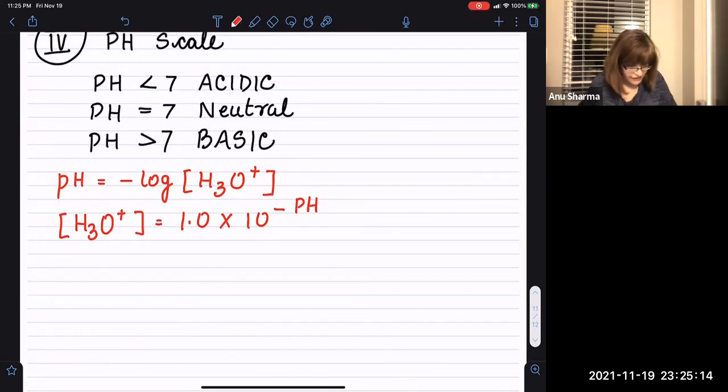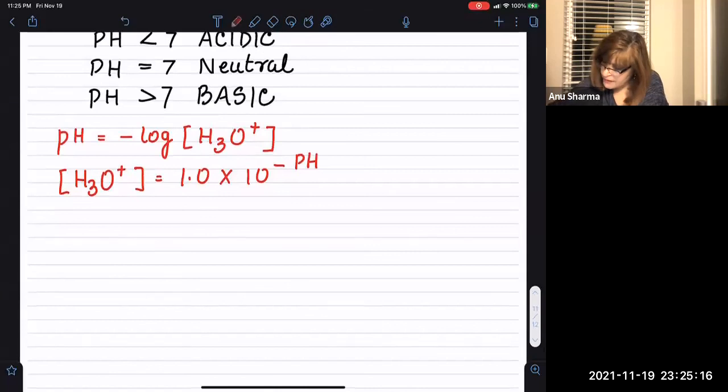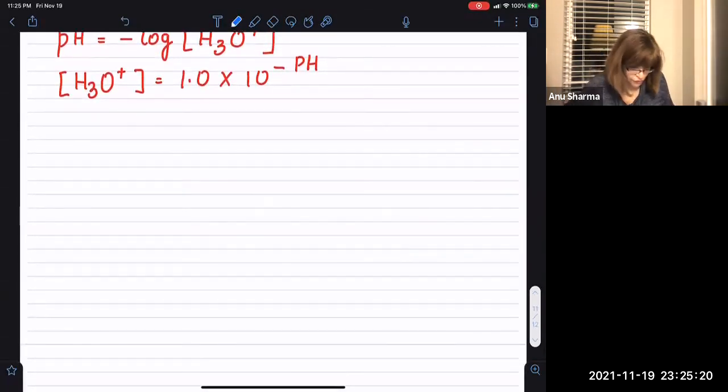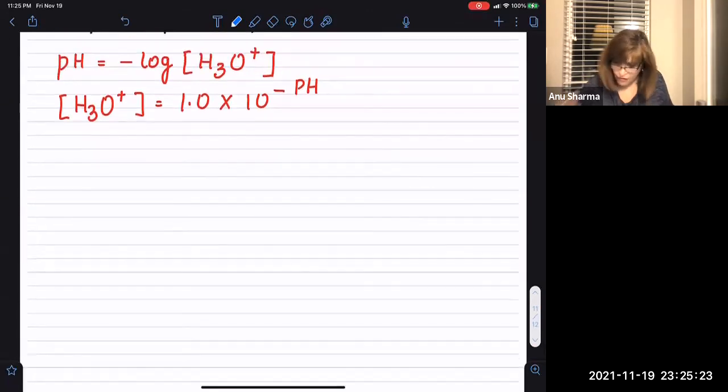So, a very simple example, just for you to know, we are not doing the calculations. pH is the negative log of hydronium ion concentration.